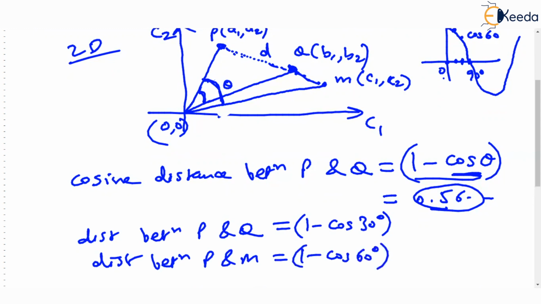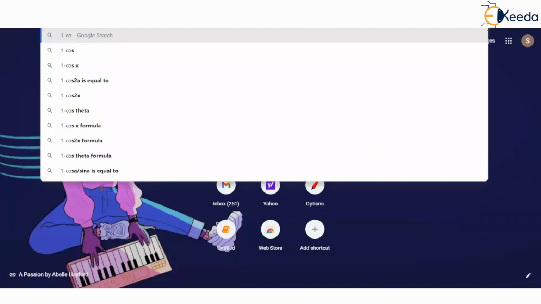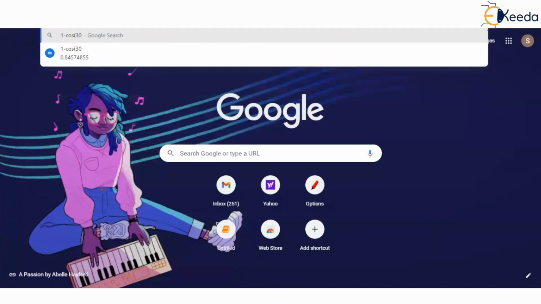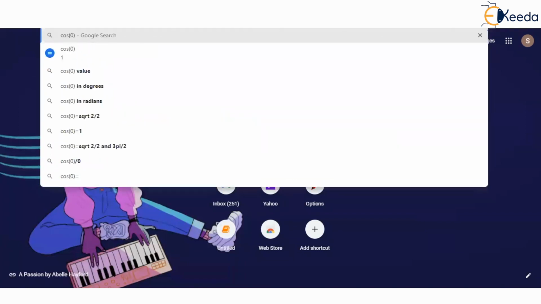No need of finding it, but you tell me cos 30 is very large as compared to cos 60. Why don't we find it? Okay, let's use Google and find it. So I'll write 1 minus cos, let's say 30. Let's first of all find whether it works. Cos 90 should come out as 0.